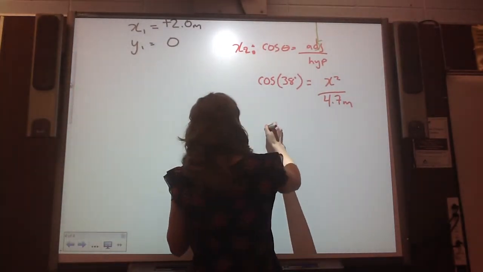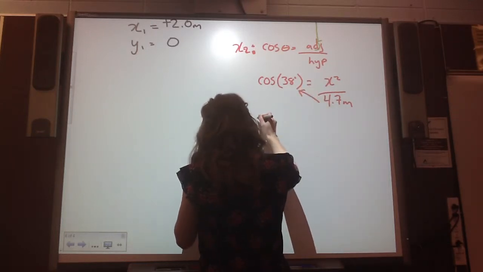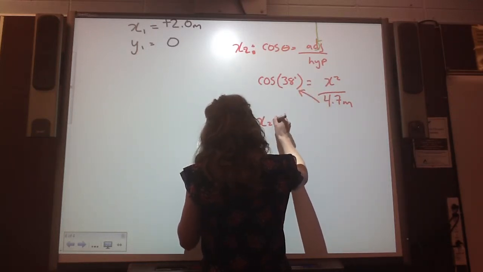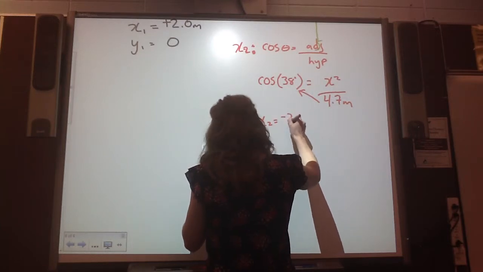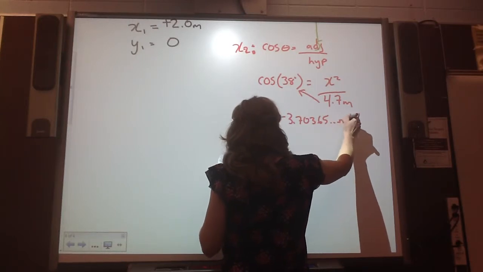So to solve for x2, you can cross multiply. So now I have x2 is equal to negative 3.70365, etc. meters.